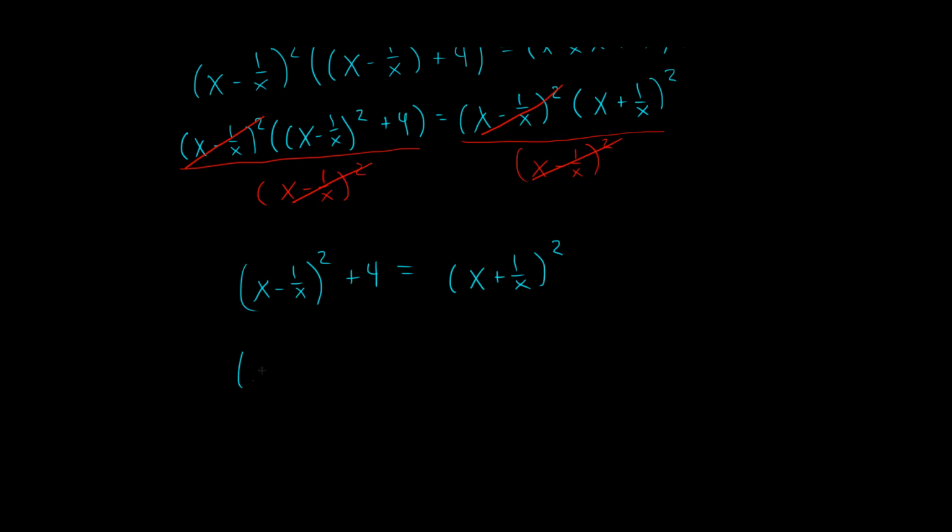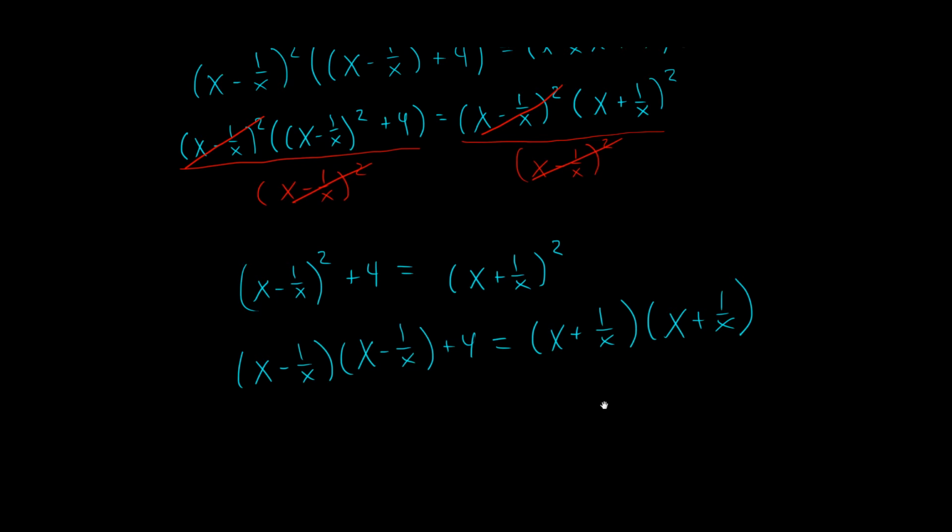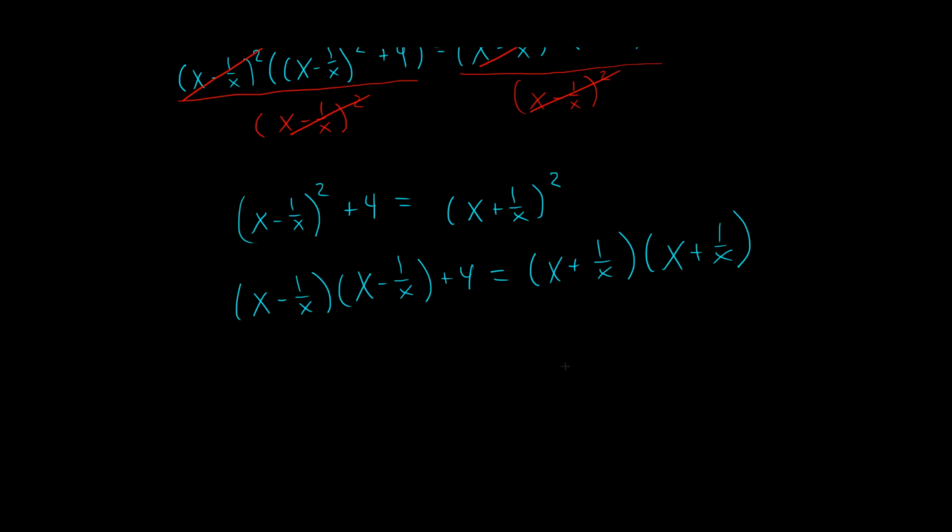So now I'm going to expand this. So this is going to give me x minus 1 over x times x minus 1 over x plus 4 equals x plus 1 over x times x plus 1 over x. Okay, now, I don't know about you guys, but I'm not a huge fan of working with fractions.